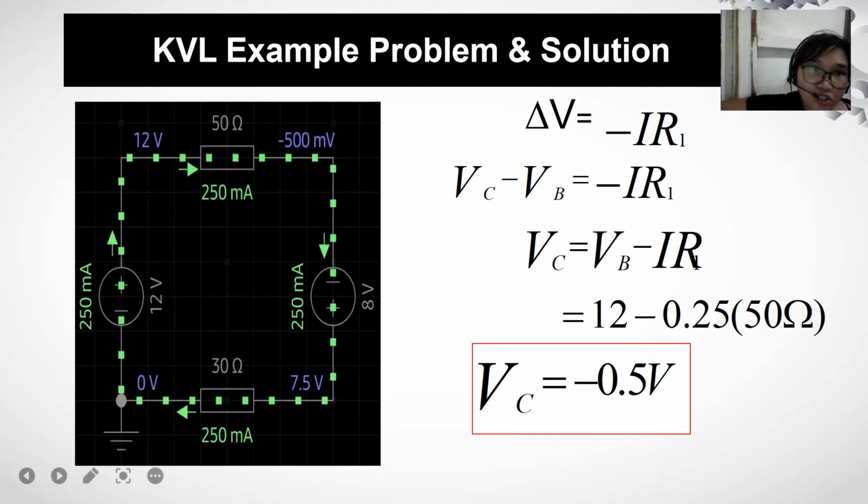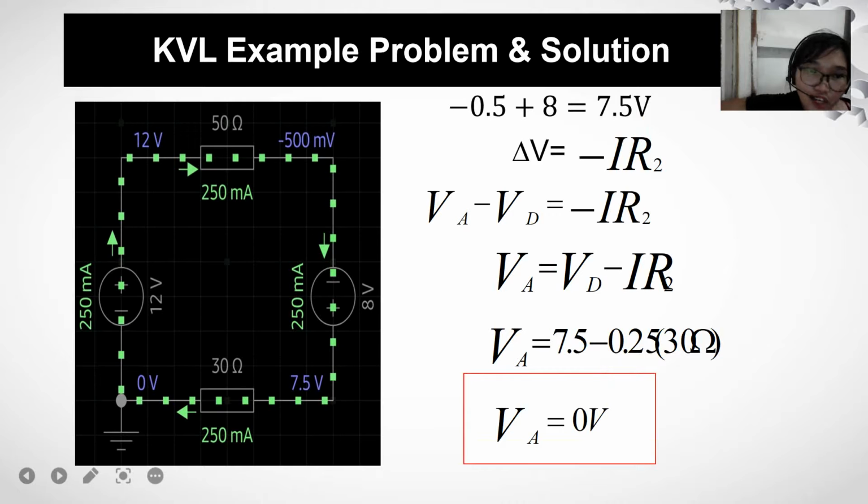So you can see here, to find point C, you have negative 0.5 plus 8 is equal to 7.5 volts.